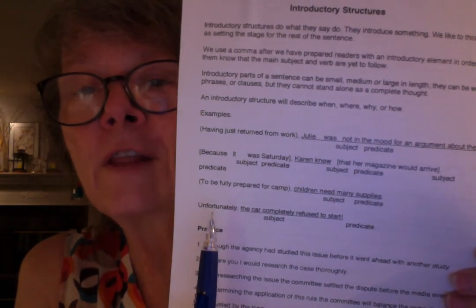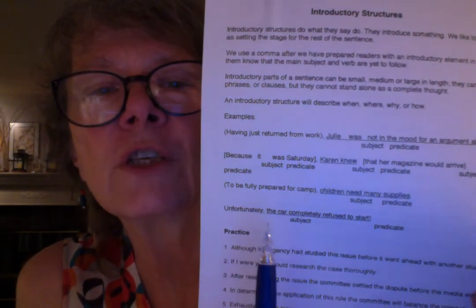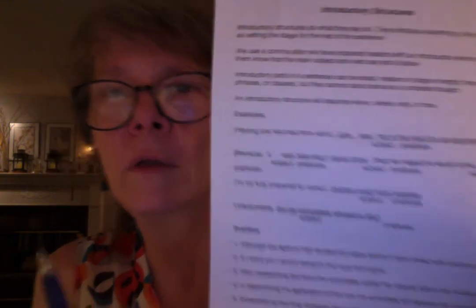Look, in front of the main clause, we've got this word just hanging out there. It's an introductory word. Just one word, not even a whole phrase or a clause. But it's introductory. So because it's an introductory structure, we're going to put a comma after it. Unfortunately, comma, the car completely refused to start.